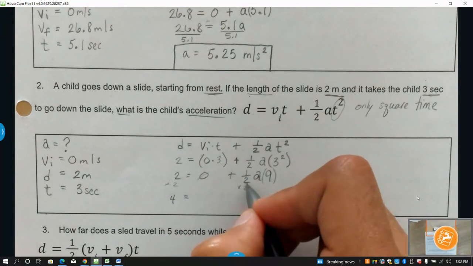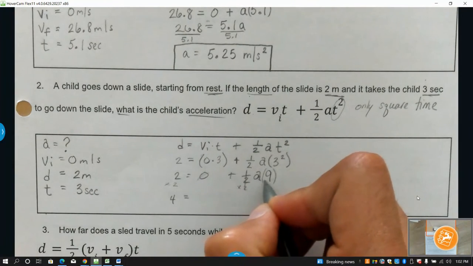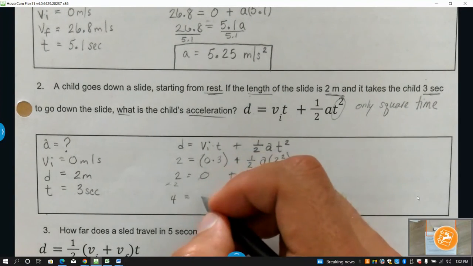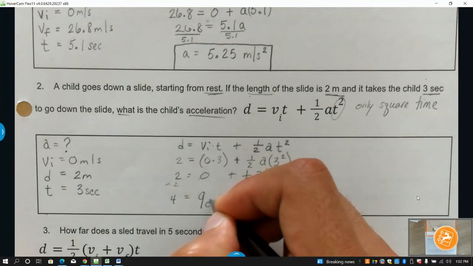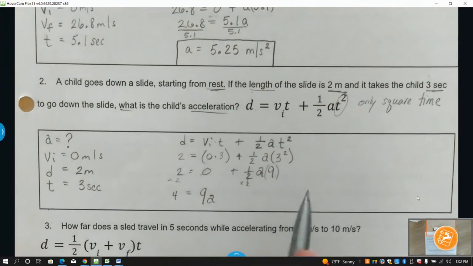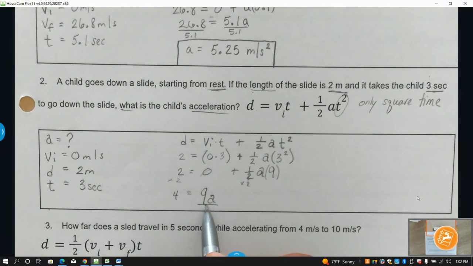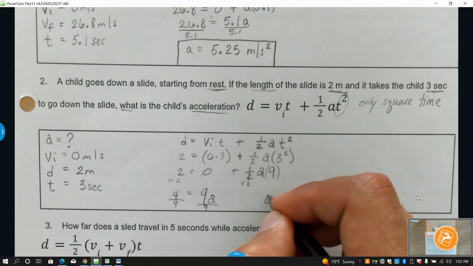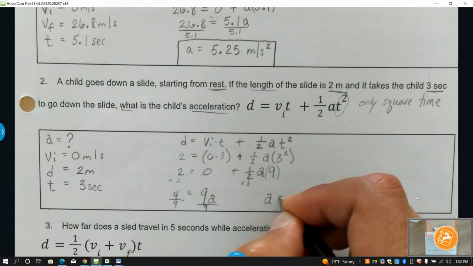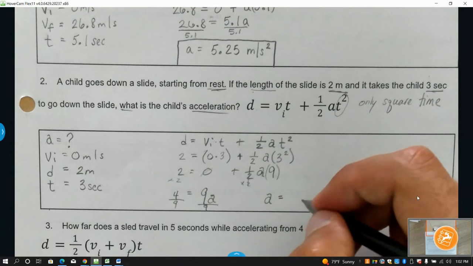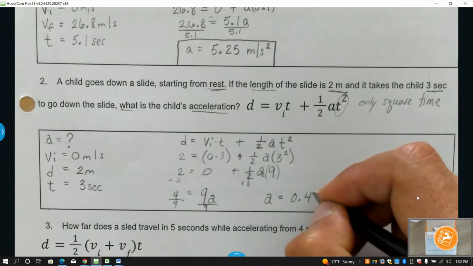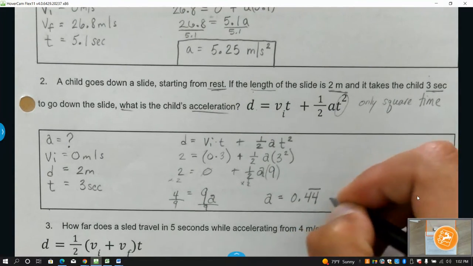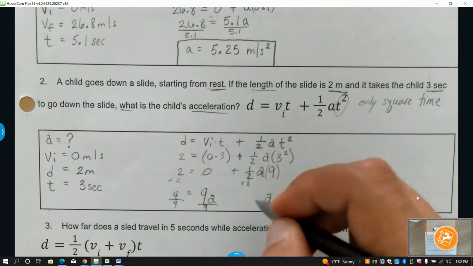And then this times 2 gets rid of this piece here, and then you have 9A. To get A by itself, you have to divide both sides by 9. And so acceleration is going to equal 0.44 repeating, and the unit will be in meters per second squared.